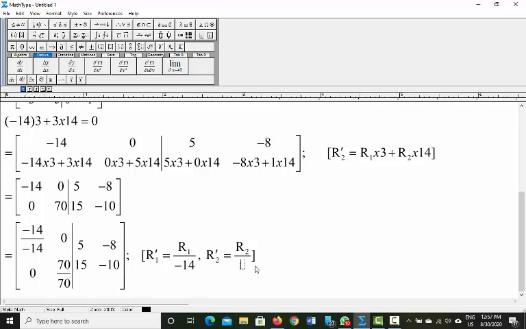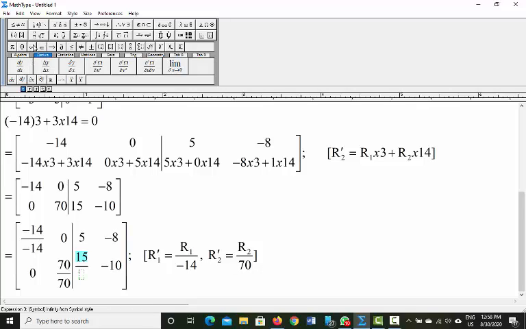So all the elements of the second row need to be divided by 70.